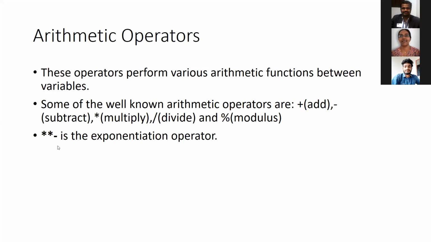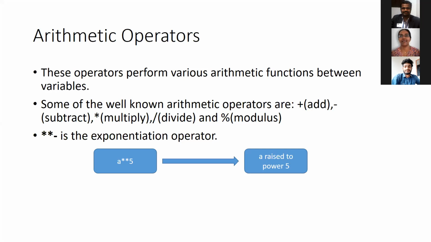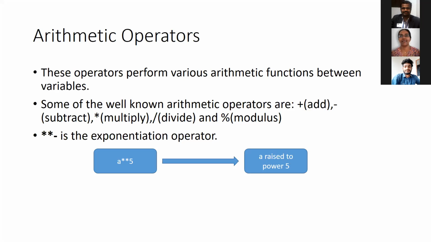Similarly, we have these 2 stars, which is the exponential operator. With this operator, if a already has some value, it will be raised to the power of 5. For example, if a has the value 2, then 2 to the power 5, the result will be 32.